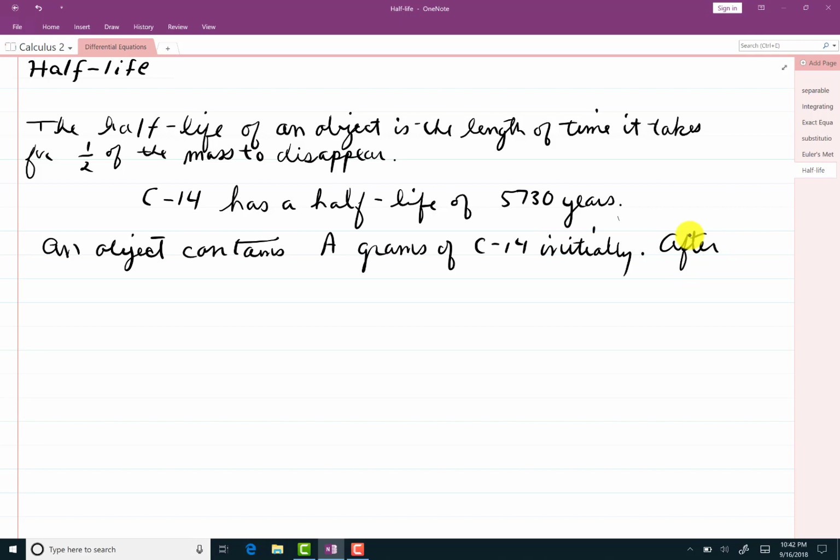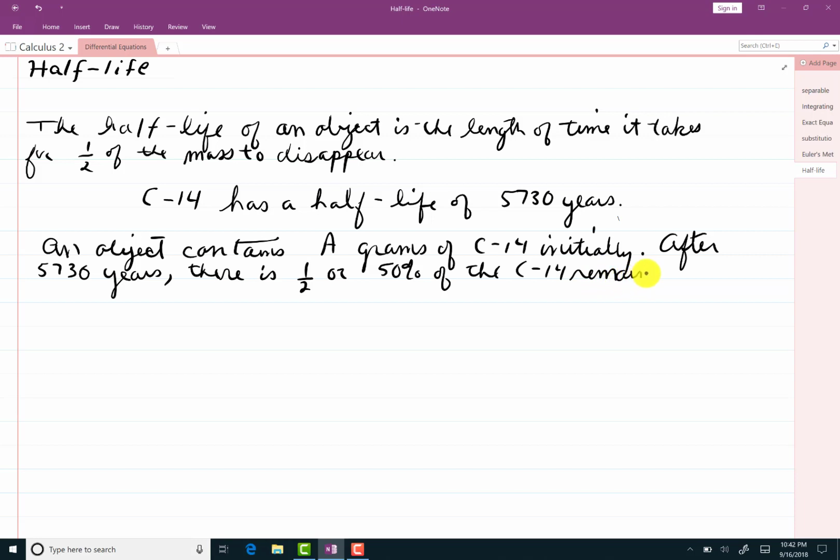After 5,730 years, there is 1/2, or 50%, of the C-14 remaining.